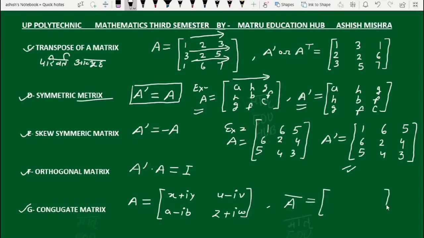That is, write the conjugate of each element of matrix A: x minus iy, u plus iv, a plus ib, z minus iw. This is the conjugate matrix of matrix A. संयुग्मी अवयव. बहुत आसान है.